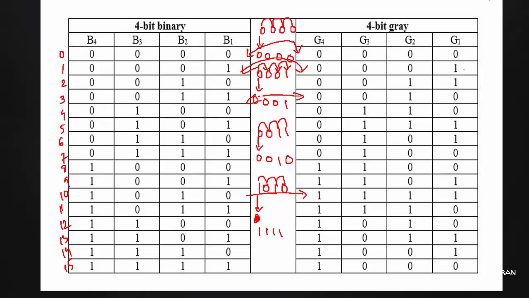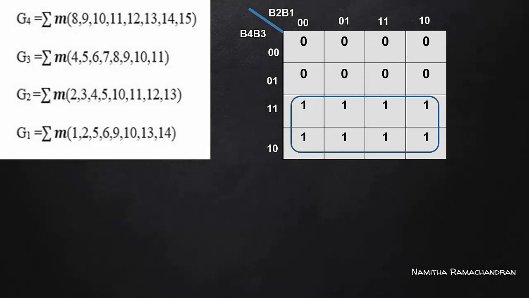And for G1, the ones come at 1, 2, then 5 and 6, next 9 and 10, next 13 and 14. So these are the minterms corresponding to G4, G3, G2, G1, listed based on our previous output table.